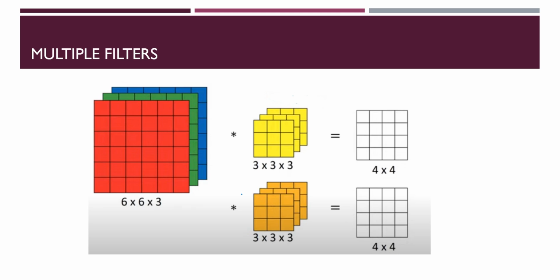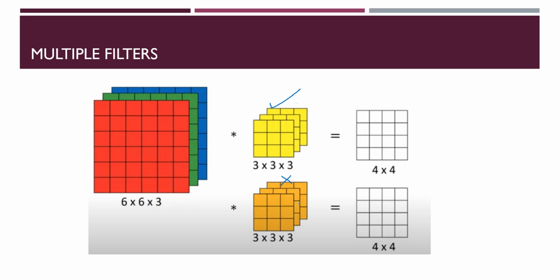So for example, in this particular example, this filter could be a horizontal edge detector, and this filter could be a vertical edge detector. So you can have n number of filters which are applied in a convolutional network.